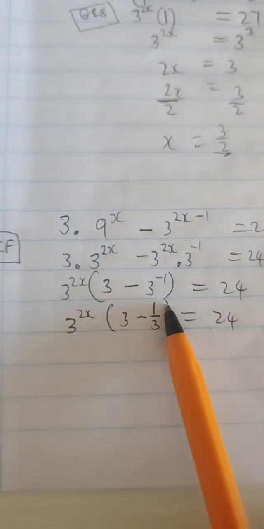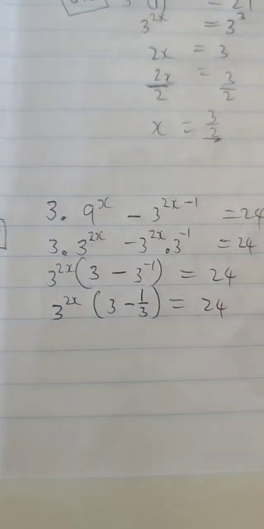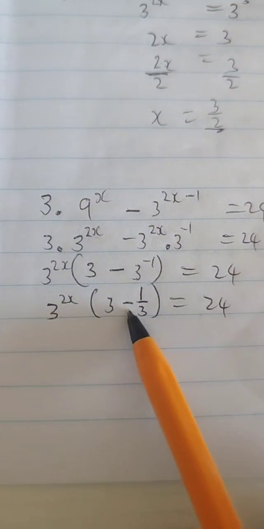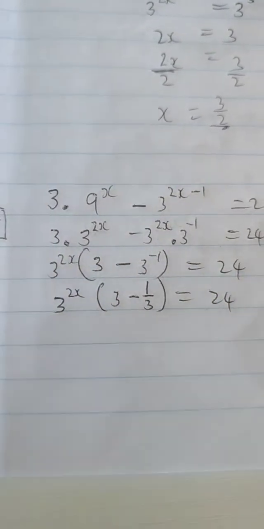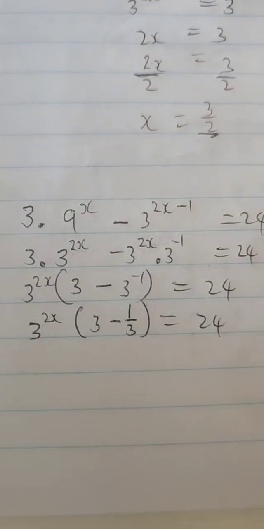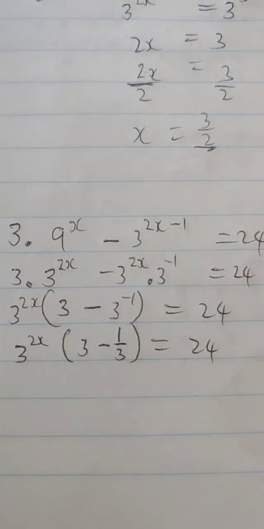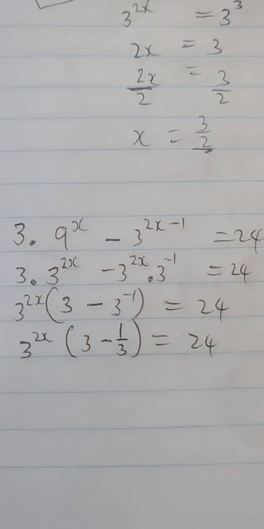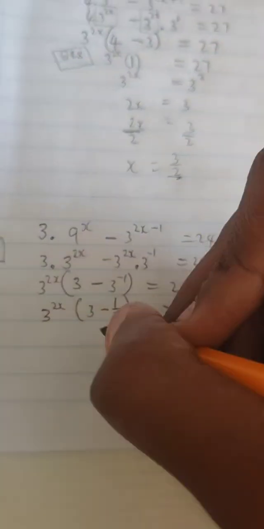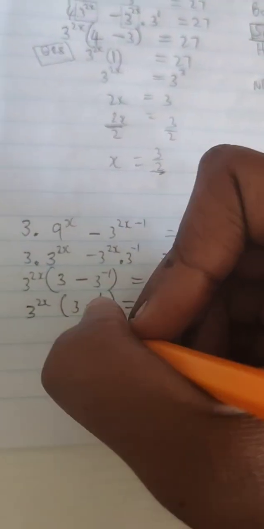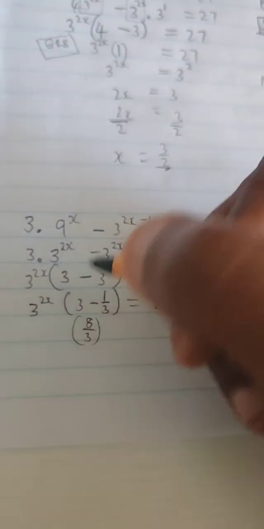Then guys, it's easy, this thing. Just take your calculator: 3 minus 1 over 3, if you don't know it off by heart. 3 minus 1 over 3, that gives us what in brackets? 8 over 3.